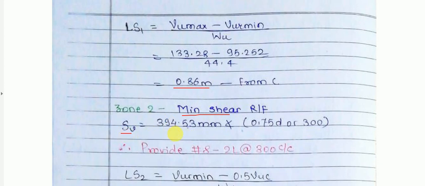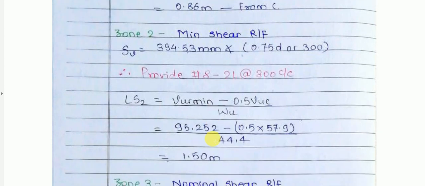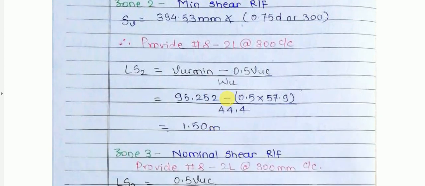So that same spacing will be here, as that spacing is not less than 0.75d or 300 mm, hence directly 300 mm spacing needs to be provided. Hence provide #8 2-leg stirrups at 300 mm center to center, and then calculate the dimension or the distance for that zone.